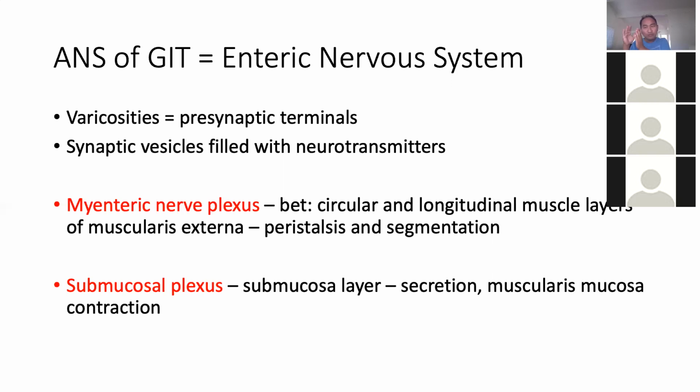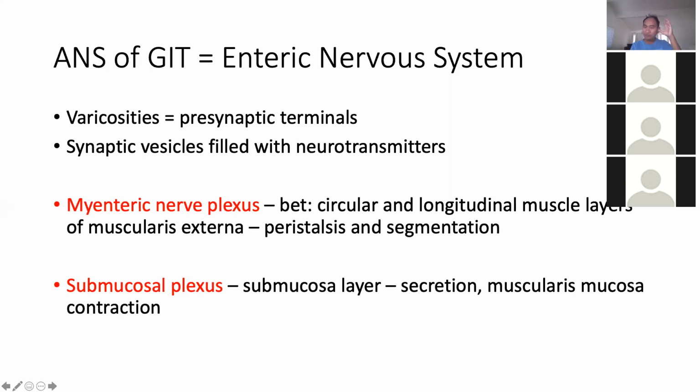And in between these circular and longitudinal layers, we have a nerve plexus, which is called the myenteric nerve plexus. Myenteric means of the gastrointestinal tract. This nerve plexus will supply the circular and longitudinal smooth muscles of the gastrointestinal tract, and that will give the peristaltic movement.